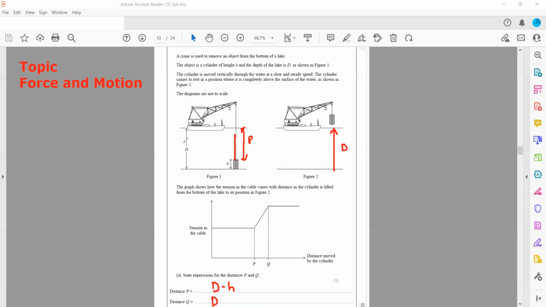P is D minus H, like the total depth minus the height, so we know how much distance is moved. And D is the total distance moved when we completely take it out, because this is the point where it is completely out, and this is the point where it is near the surface. That's why one is D minus H, another one is D.